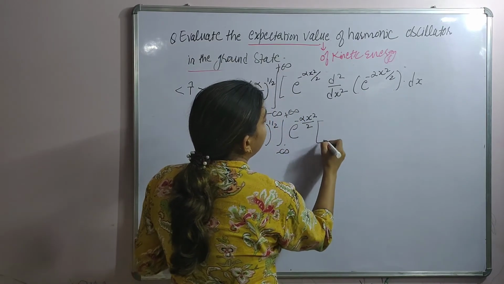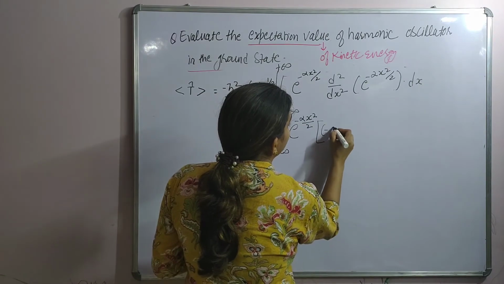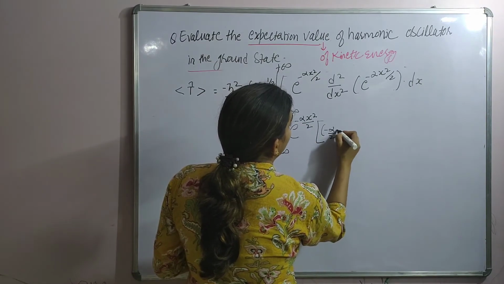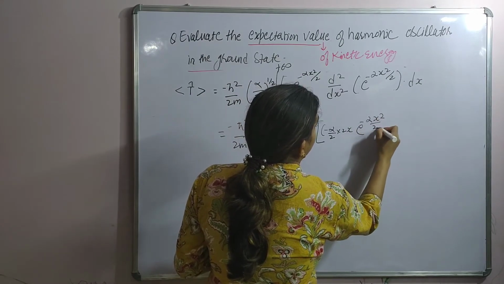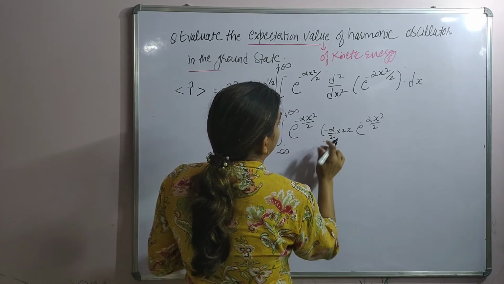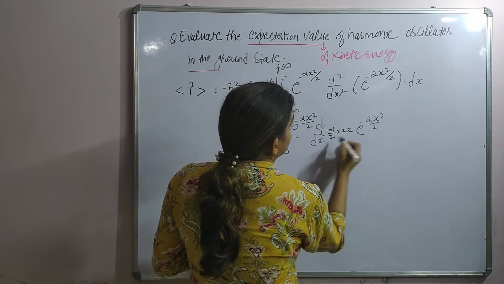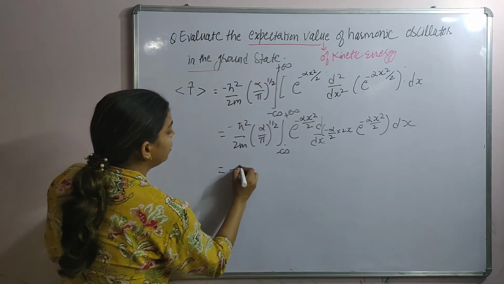Once you do it, you will get minus alpha by 2 into 2x e raised to power minus alpha x square by 2 once, and again d upon dx once again.